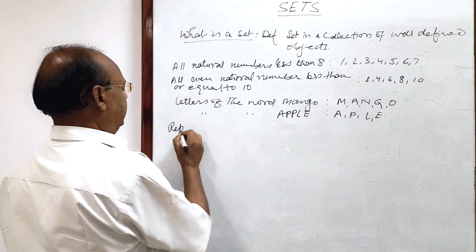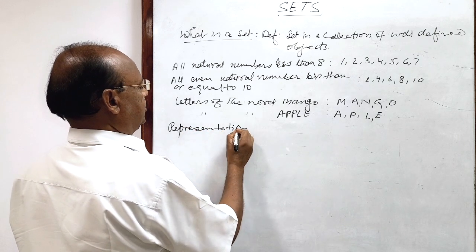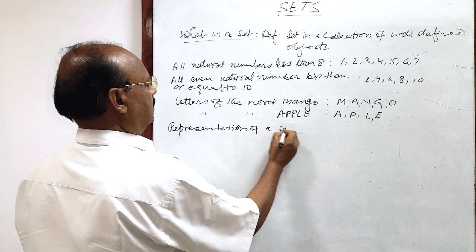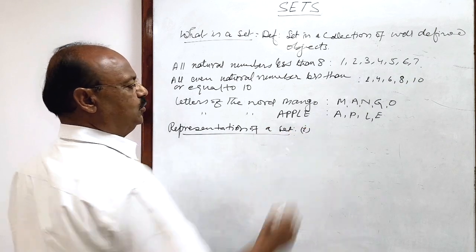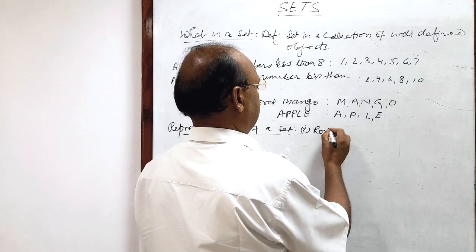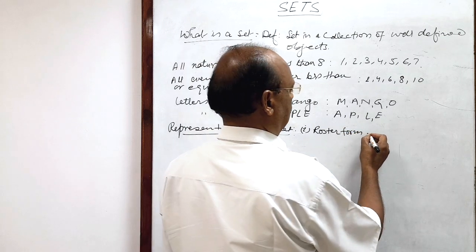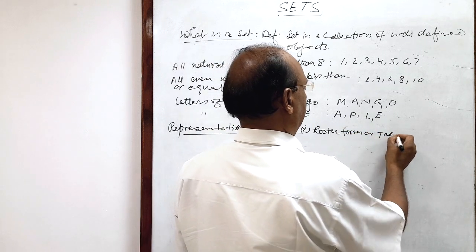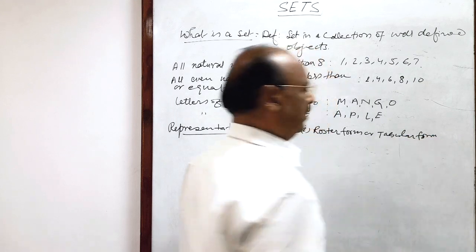Representation of a set. A set can be represented in 2 different ways. One is known as roster form or tabular form.